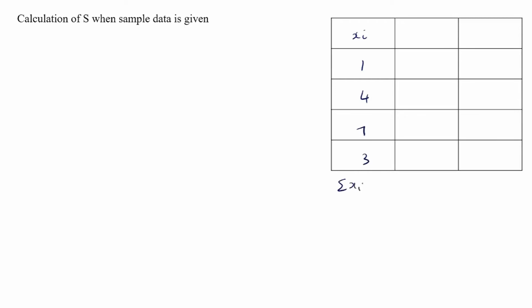Here summation xi is 15. If we want to calculate S when the sample data is given, we can calculate S square as 1 by n minus 1 summation xi minus x bar the whole square. For this data, summation xi is 15 and x bar is summation xi by n.